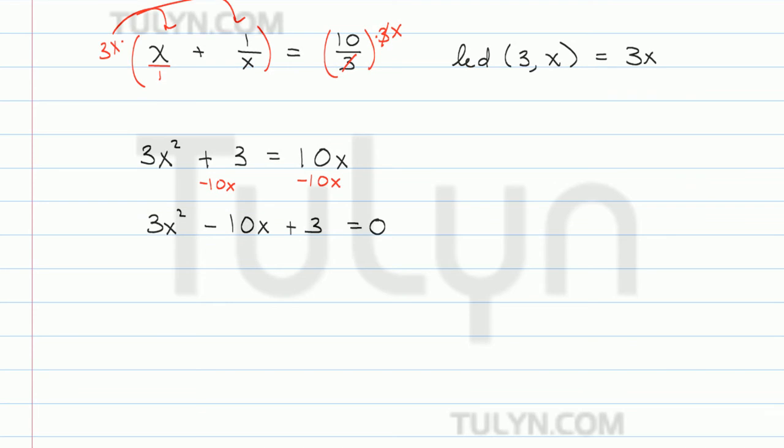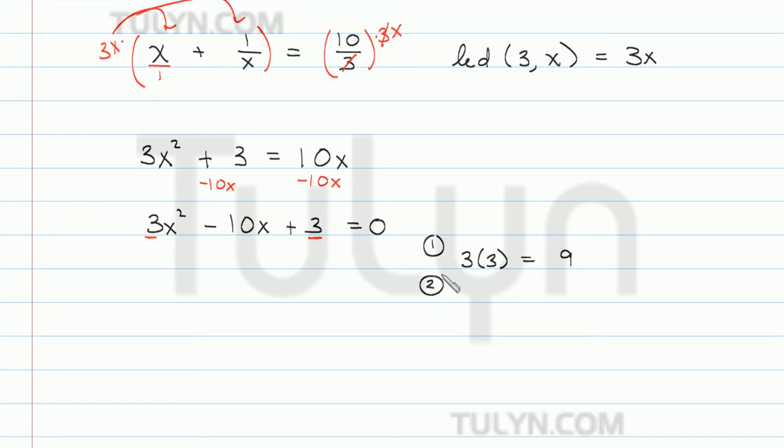Trying to factor it, I want to use the special factoring method, where the first step, which I'm going to write here, is to multiply the first coefficient and the last coefficient. So 3 times 3 is equal to 9.